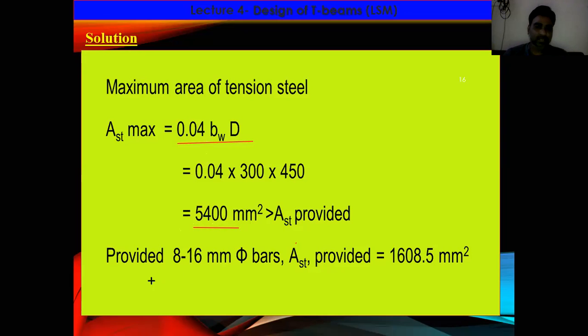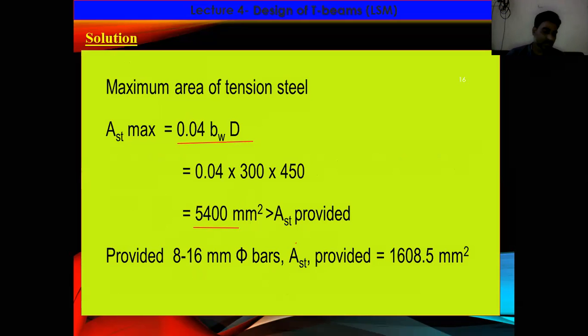From that, I can assume that the diameter of the bars is 16 mm, right? And I can determine the number of bars. How can we determine the number of bars? That means total overall A of ST divided by the area of a single bar. Here I am assuming a 16 mm diameter bar. Therefore, you will get the number of bars.